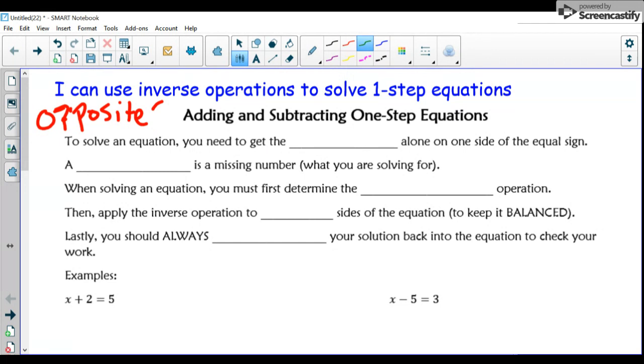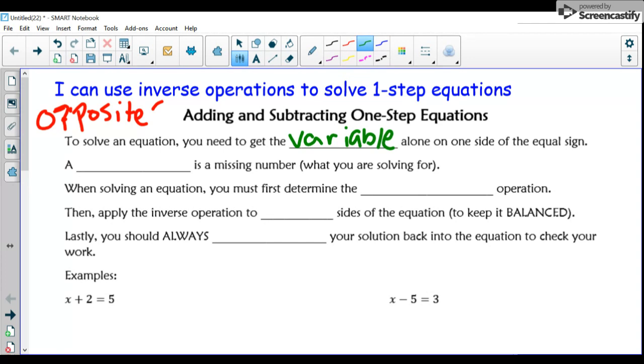So in order to solve an equation, you need to get the variable alone on one side of the equal sign. So we want to get our variable all by itself on one side of the equal sign. It does not matter which side you get it on, okay? I would just keep it on the same side that it is already on. So if the variable is on the left side, keep your variable on the left side.